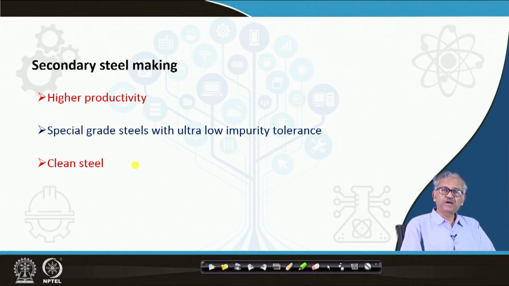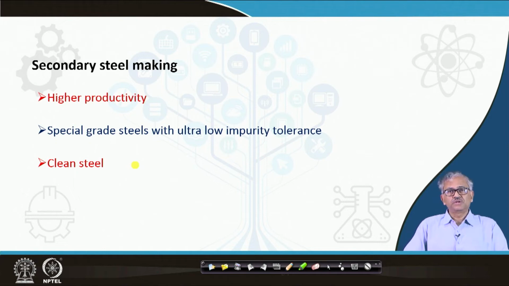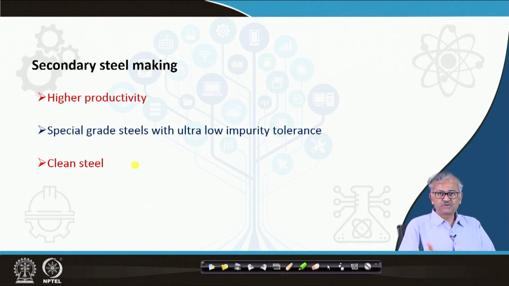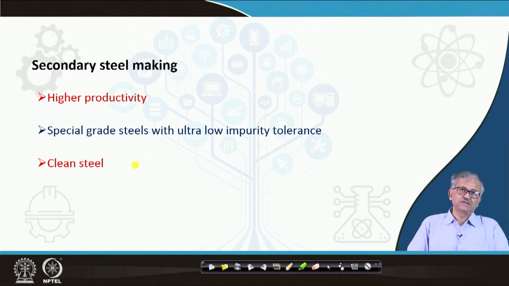Very fine inclusions are there in the millions: 1 micrometer inclusions, 10 micrometer inclusions, maybe in the thousands, and 100 micrometer inclusions, maybe of the order of 100. So clean steel doesn't mean that you can make a steel which is impurity free. You will have to live with these inclusions, but you can modify them.